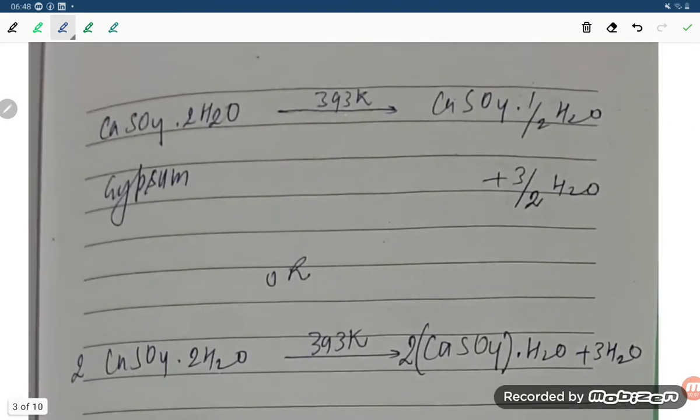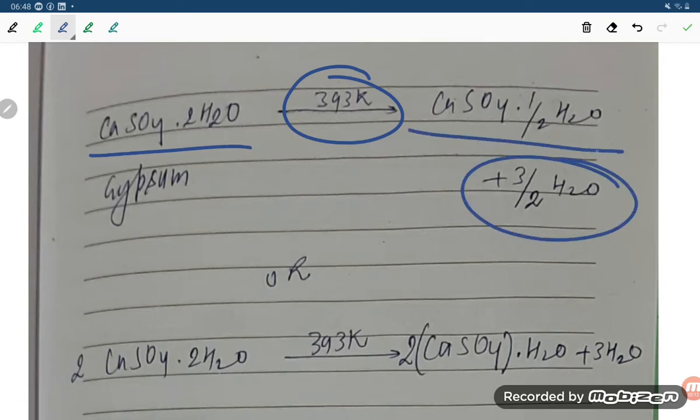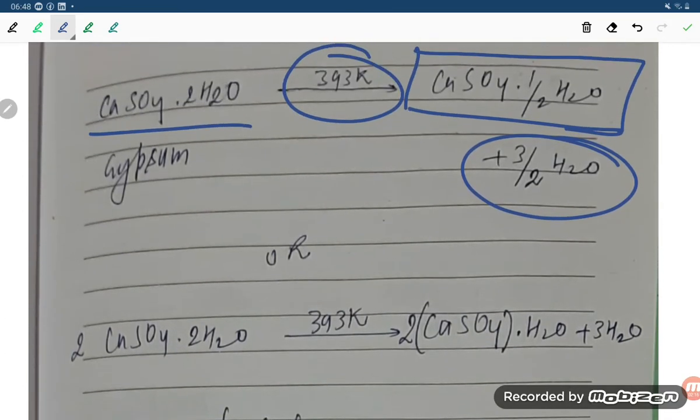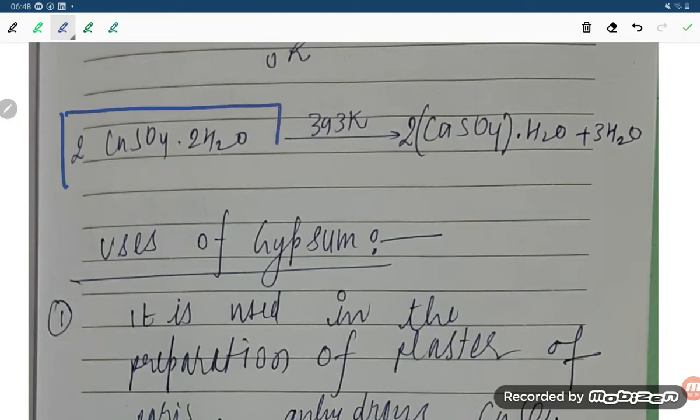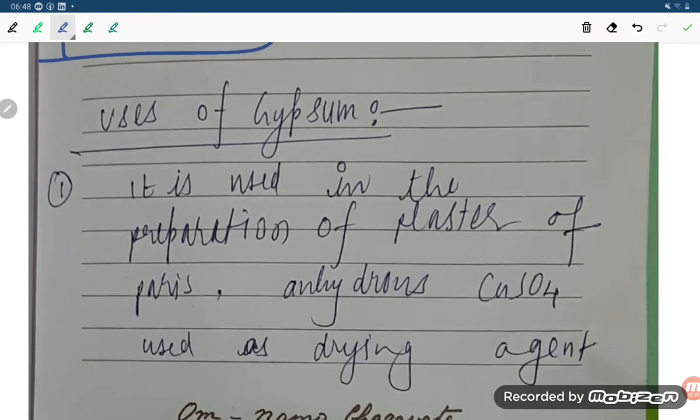At 393 Kelvin, 3/2 water molecules are removed, giving calcium sulfate hemihydrate, that is plaster of Paris. This can be written taking 2 moles of calcium sulfate: it gives 2 CaSO4.H2O plus 3 H2O, right?